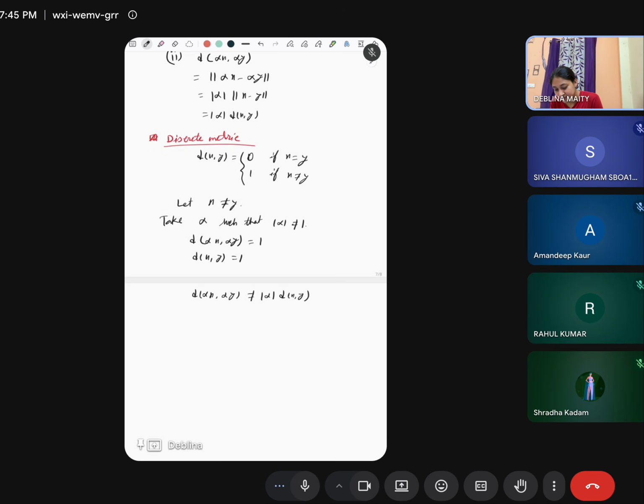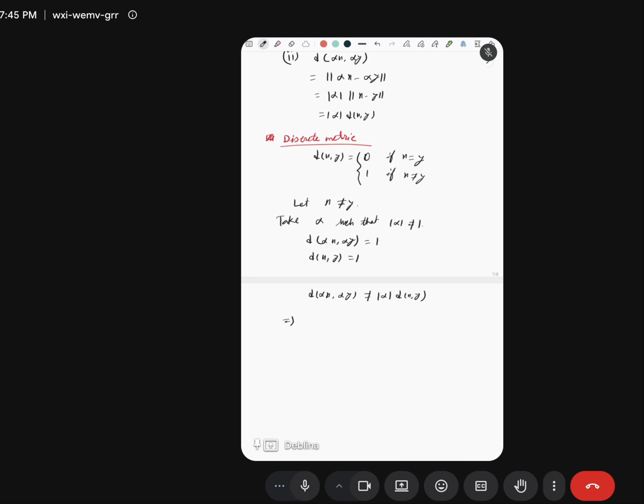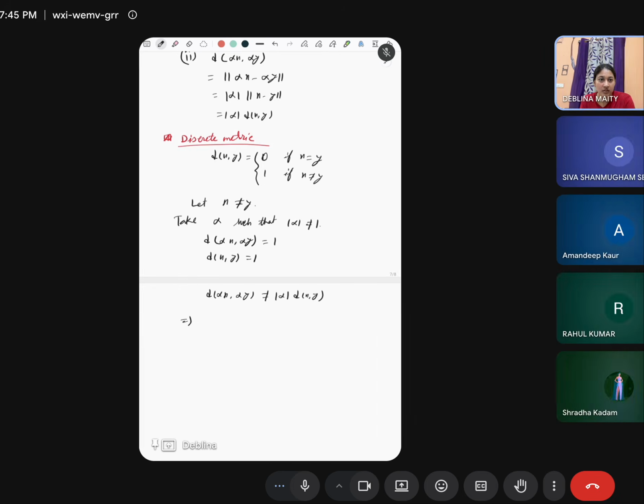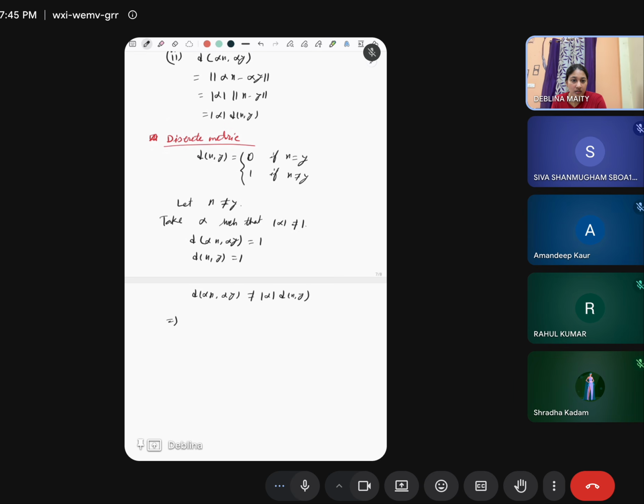So this implies this discrete metric is not induced from a norm. It is clear, right? If you have any doubt, you can ask.